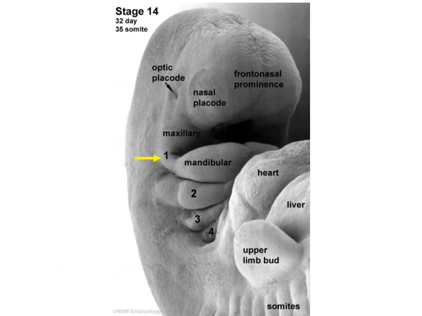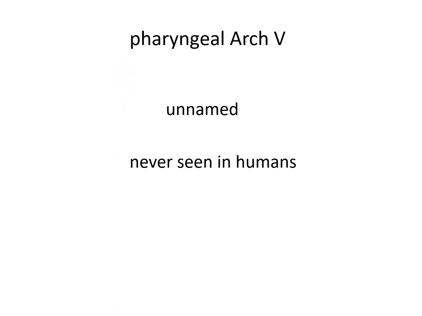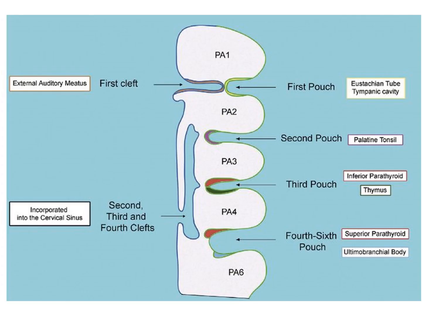There is no harm in reviewing the overall picture of the pharyngeal arches with nearby structures. Mind you, pharyngeal arch number 5 has no name, and it is never seen in humans. This is a drawing of a cross-section of the pharyngeal arches.